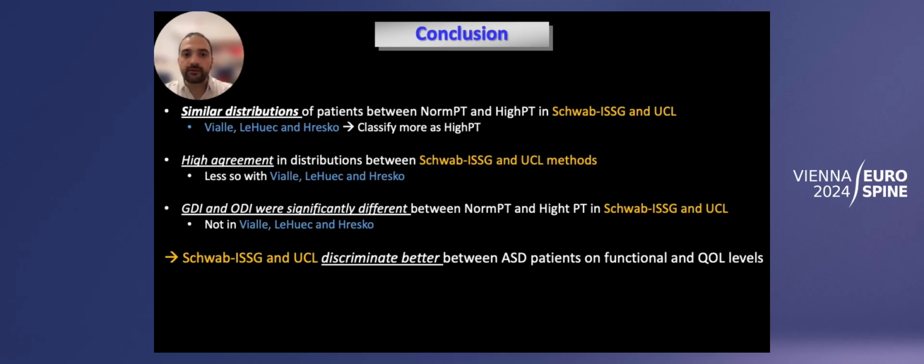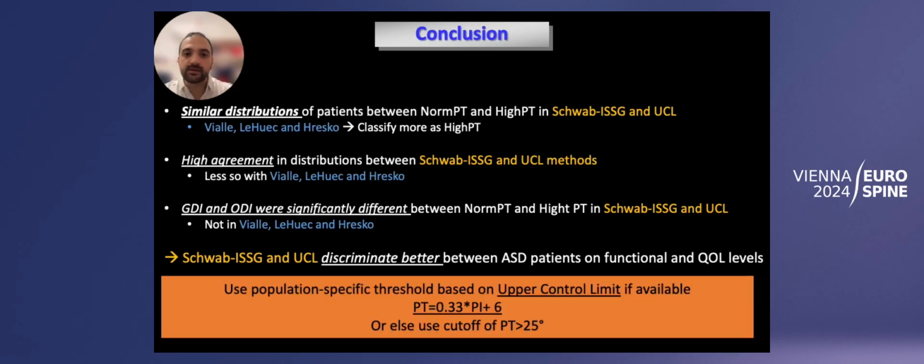Functional and quality of life data showed significant differences between pelvic tilt groups only in the Schwab ISSG and UCL methods. Schwab ISSG and UCL were therefore found to better discriminate between ASD patients on functional and quality of life levels. As such, we recommend the use of population-specific thresholds based on upper control limit if available, or else use the cutoff of 25 degrees.